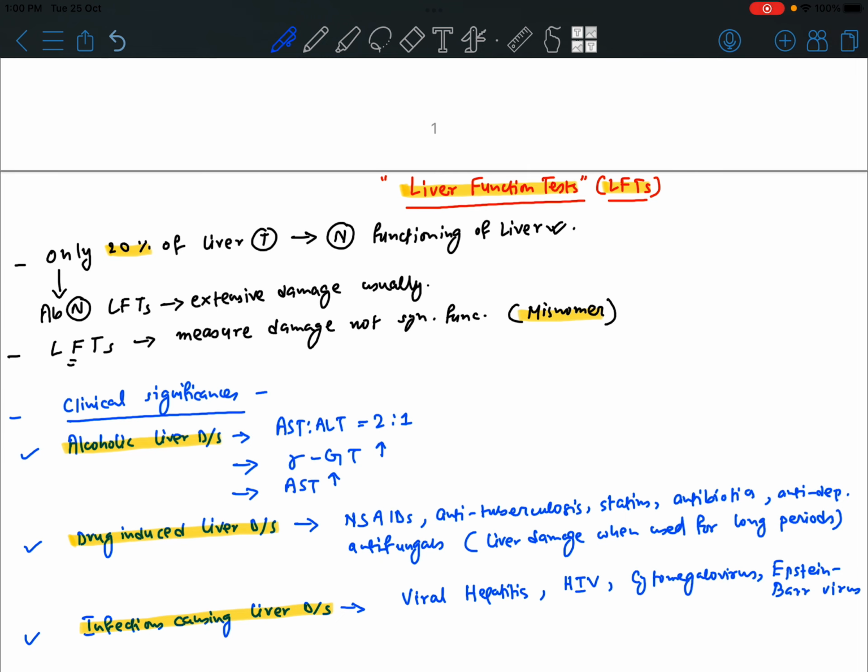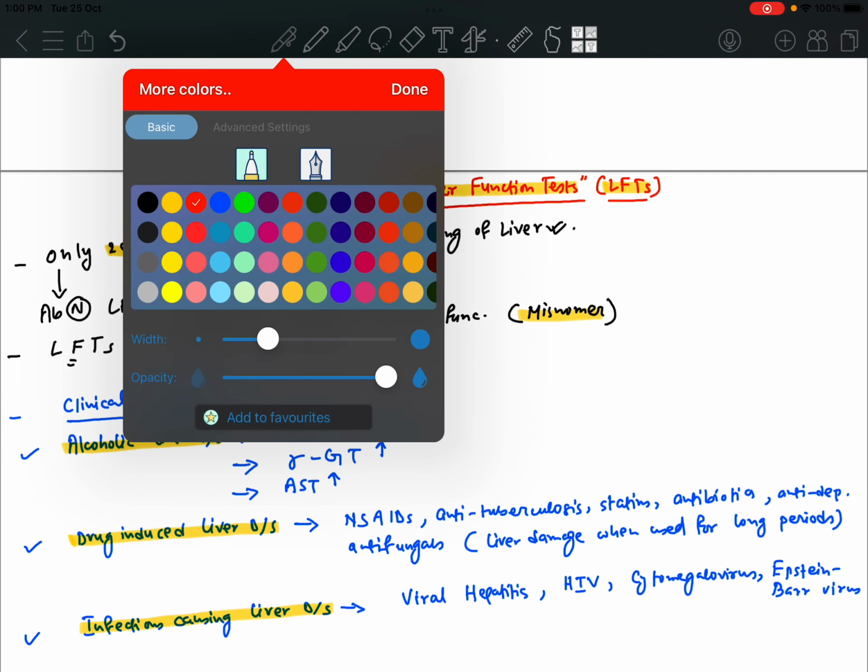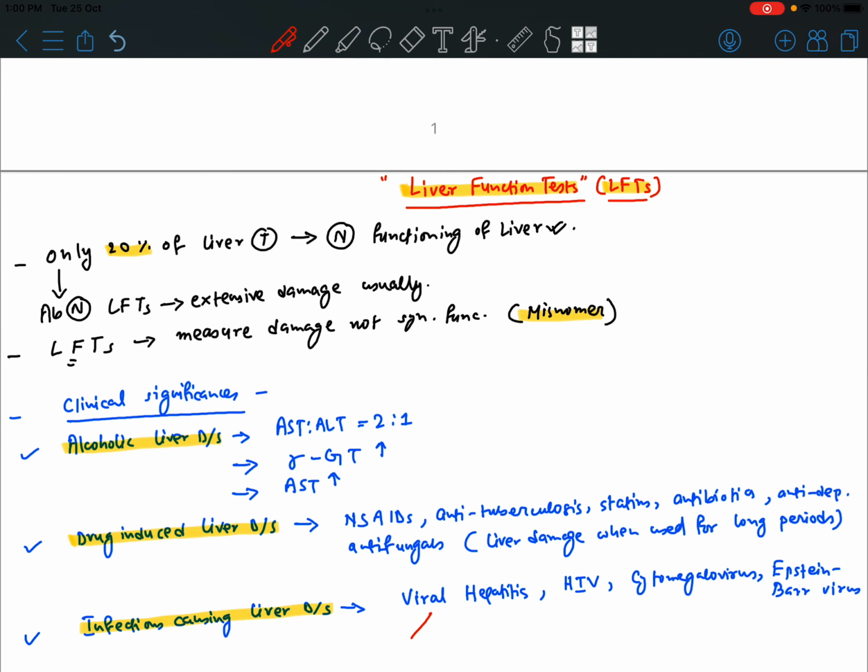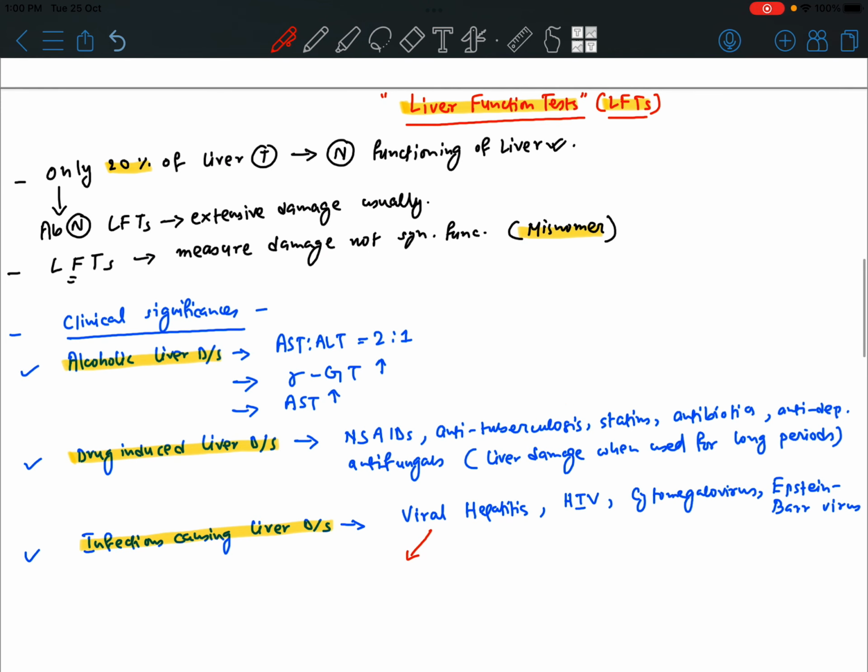And viral hepatitis B, C and D can cause chronic hepatitis, while hepatitis A and E cause acute viral hepatitis.